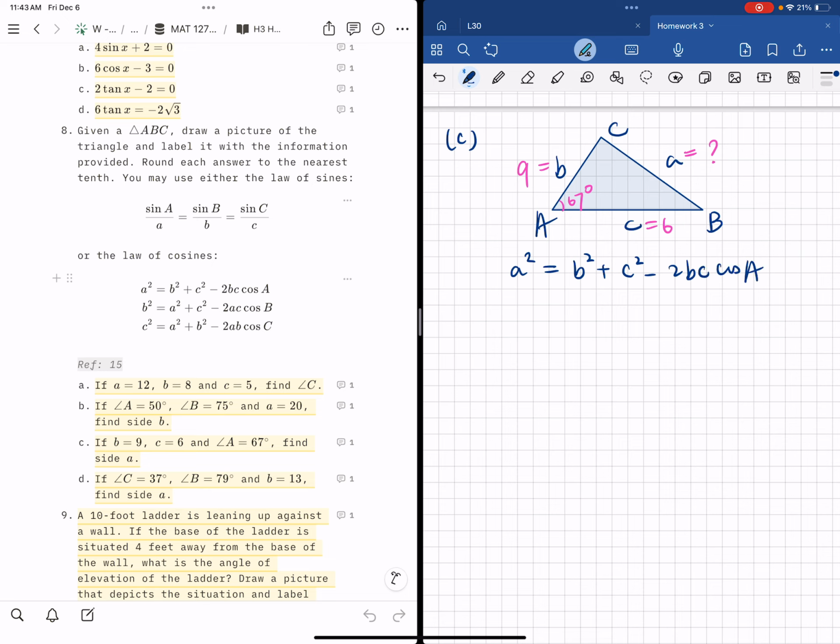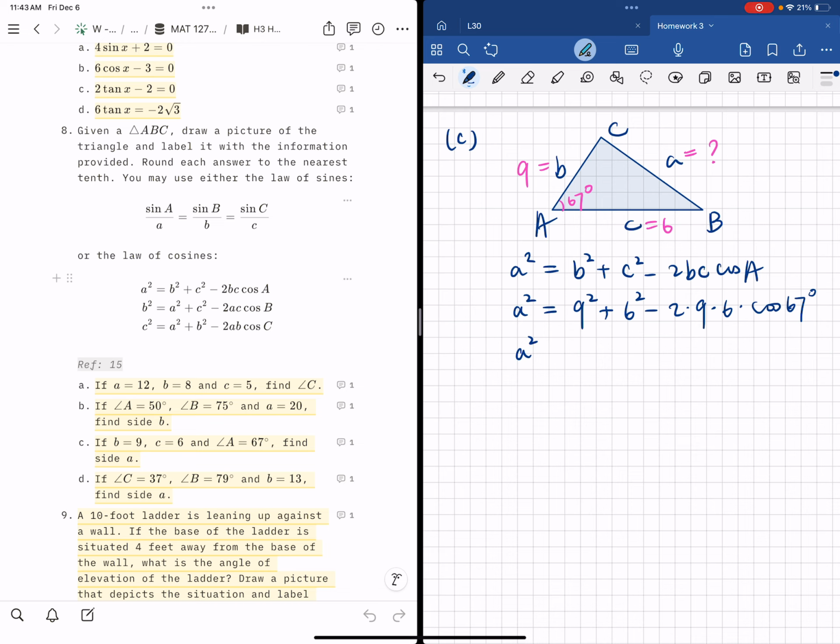And then plug in the numbers. We don't know what A is, so let's just keep it. A squared equals B is 9, so that's 9 squared, plus C is 6, 6 squared, minus 2 times 9 times 6 times cosine of 67 degrees. And then on the right hand side, you could enter the whole expression into your calculator.